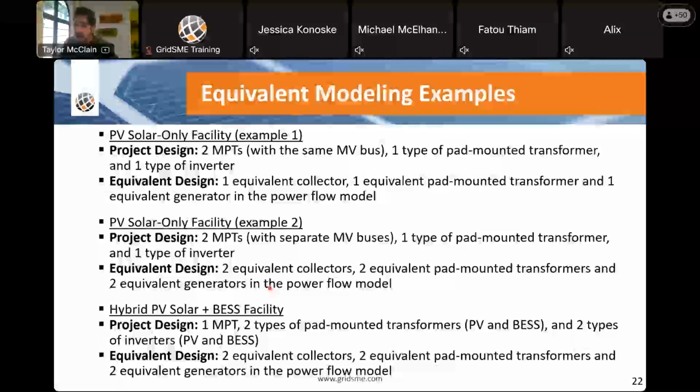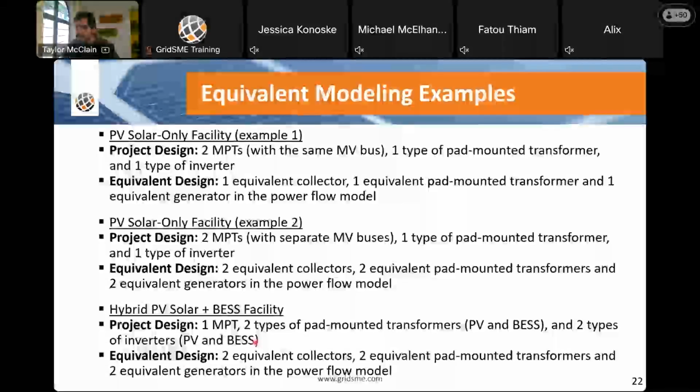And similarly, if we come down here, we only have one MPT in this example, so we know that there's only one MV bus, and all of the inverters connect to the same MV bus. But we have two types of pad-mounted transformers because this is a hybrid project with PV and BESS, and we have two types of inverters because of the PV and BESS. This would also result in two equivalent collectors, two equivalent pad mounts, and two equivalent generators.